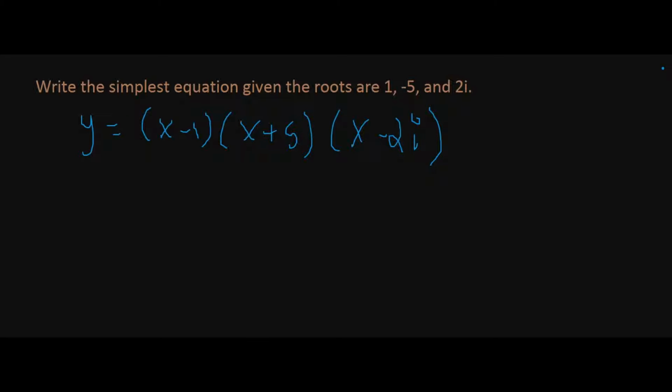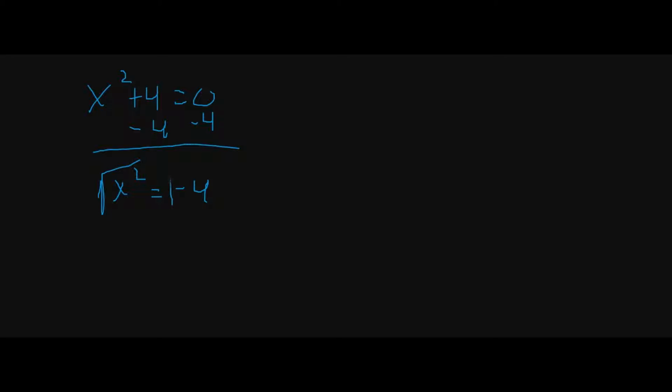To show you why we're not done with this problem, we need to first look at this example. Let's say we have x squared plus 4 is equal to 0, and we want to solve this equation. We subtract 4 from both sides and get x squared is equal to -4. We take the square root, and we can't forget a plus or minus. This is so huge.